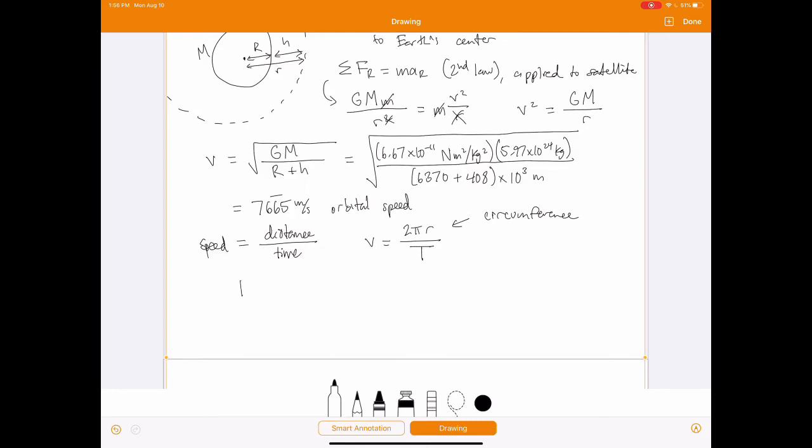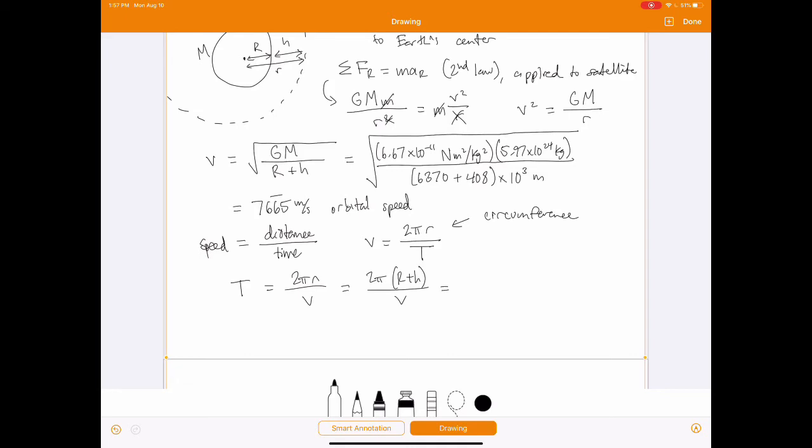So if we kind of flip this, T is equal to 2 pi r divided by v. And little r, just like before, is big R plus h, and then we'll divide by v. So this is how we're going to find the time it takes to undergo one complete orbit. Okay?